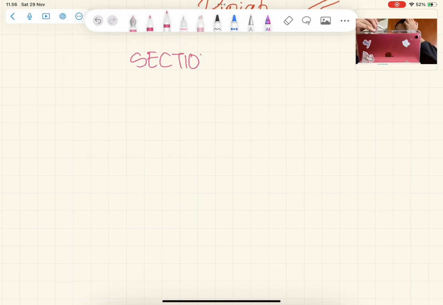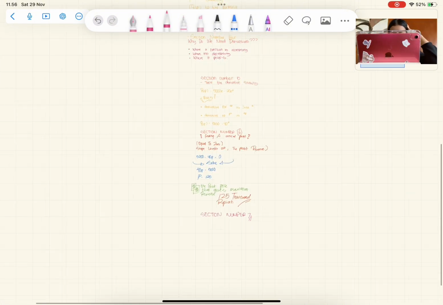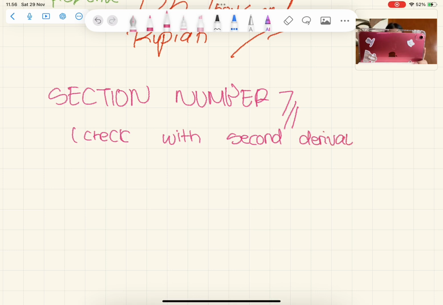Section number 7 is checking with a second derivative, an extra explanation so that we can check if this point is actually a maximum, not a minimum or a random weird point.